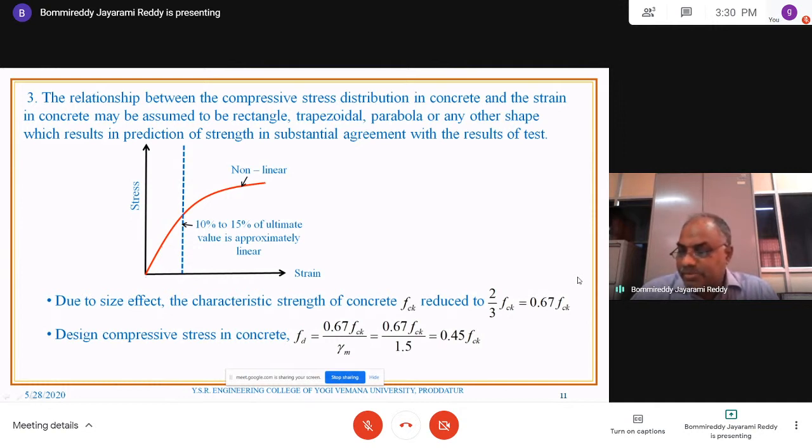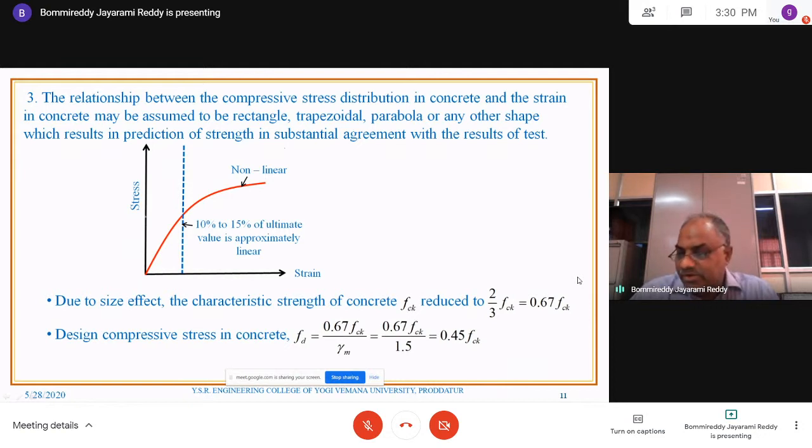It is approximately linear, but it is also not linear. It's approximately linear up to 10 to 15% of the ultimate value. So you can look at the initial line is an approximately straight line, but originally it is also not a straight line.